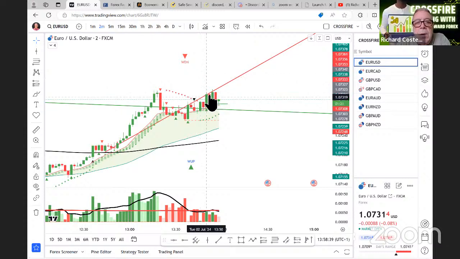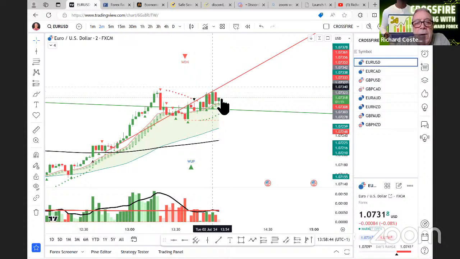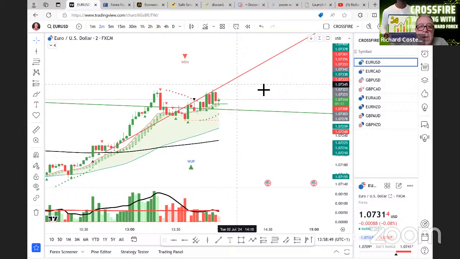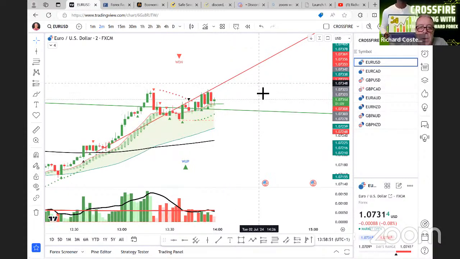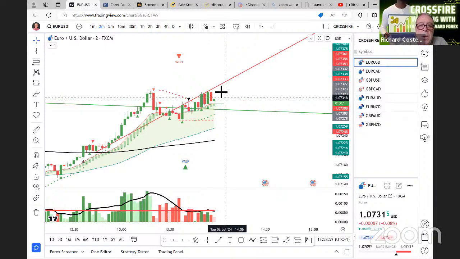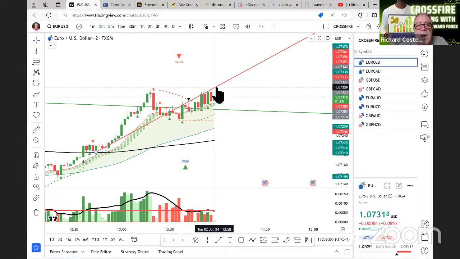We've tried to get above the red trend line there, and it's now come back down again. If I was trading manually, I would wait until price got above that red trend line, and I would like to see a gap between the trend line and the candle.